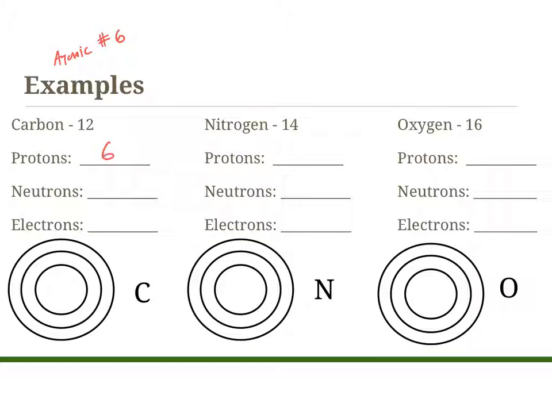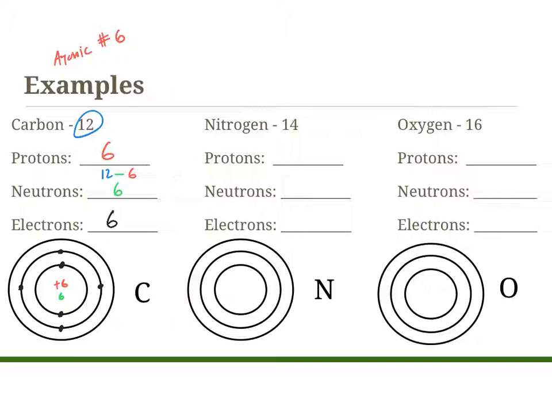So I'm going to put 6 protons and 6 electrons, and we know the neutrons are mass number minus atomic number, so 12 minus 6, which gives me 6 neutrons. So I'm going to start with my plus 6 and my 6, and then I'm going to start doing my electrons, which is 1, 2, 3, 4, 5, 6. And we'll come back to that in a second.